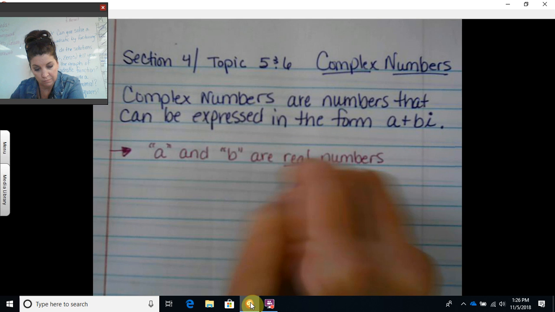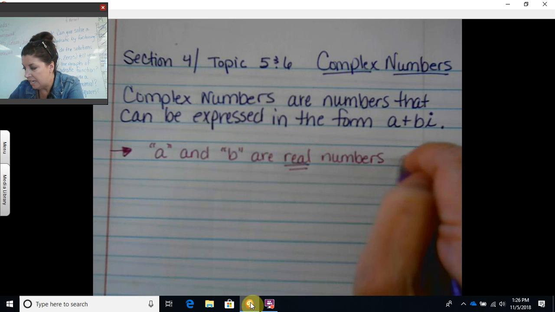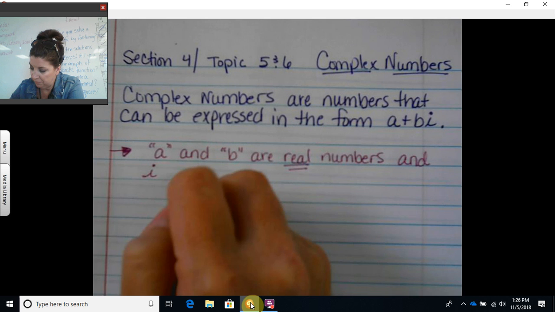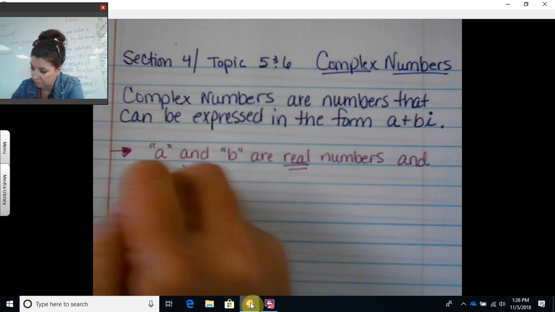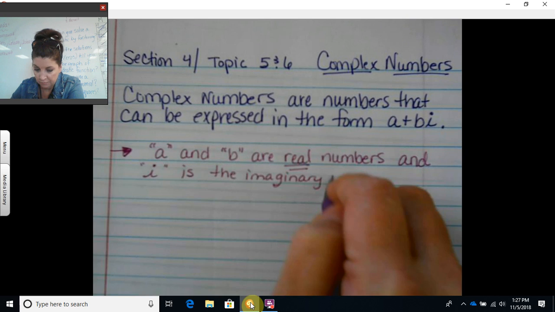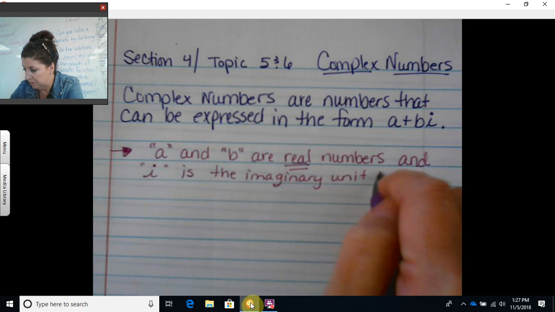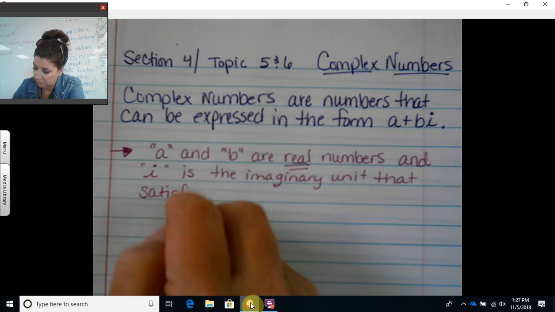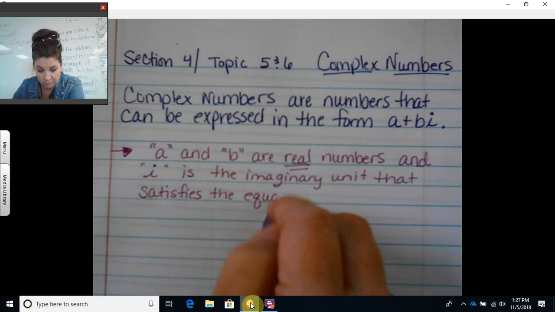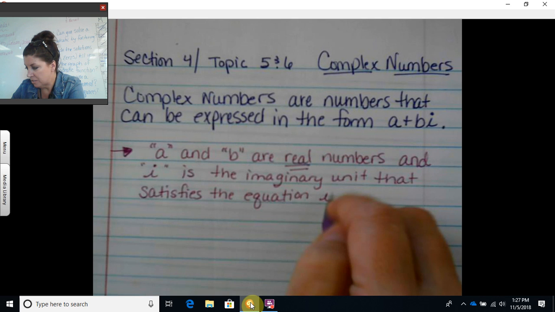And i, like a lowercase cursive i, is the imaginary unit that satisfies the equation i squared equals -1.